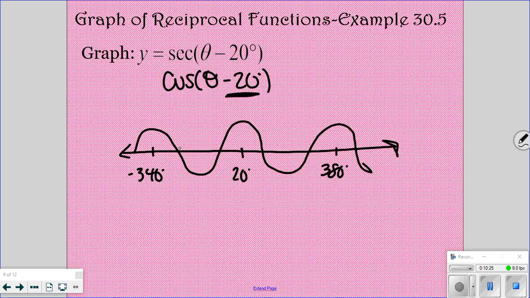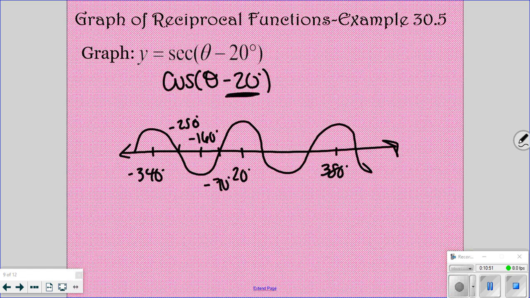So if you added 90, you'd be at negative 250. Added 90, you'd be at negative 160. Add 90, you'd be at negative 70.